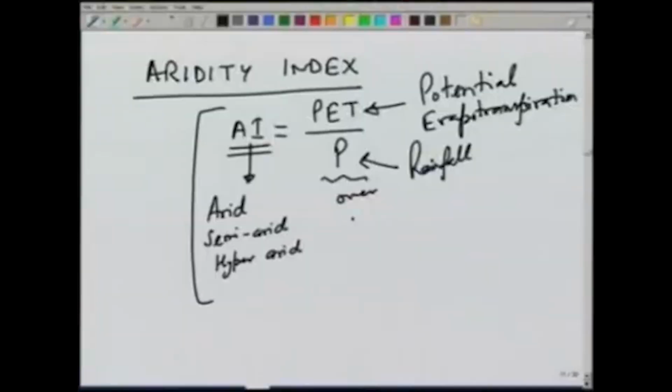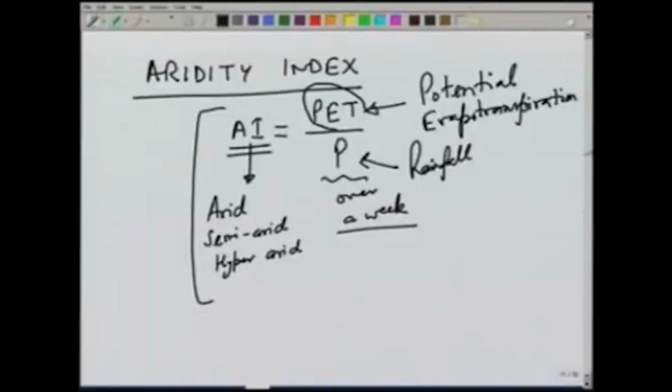So, typically over a week. So, we can say that during that time the area can be classified as arid if the requirements of PET are not met by P.